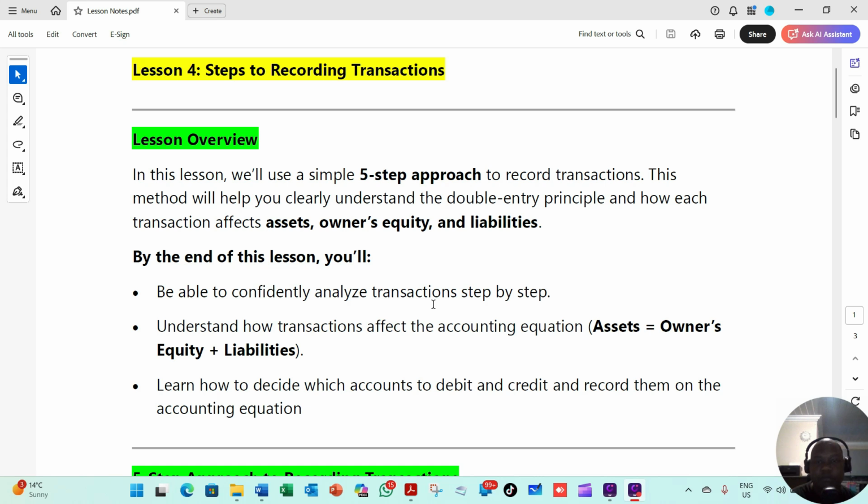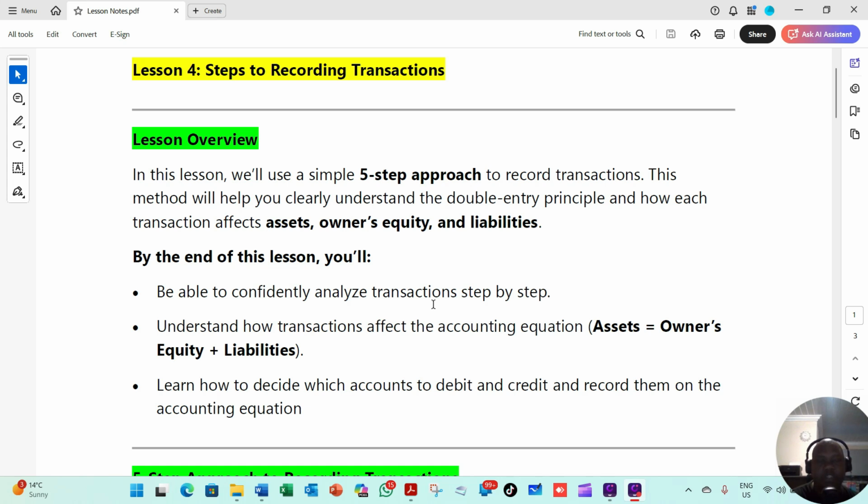So the solution here for you is to practice more and more examples using this 5-step approach, so that it becomes natural. Because if you try to follow these steps manually, writing everything down in an exam situation or a test situation, you're going to take very long to complete your solution.